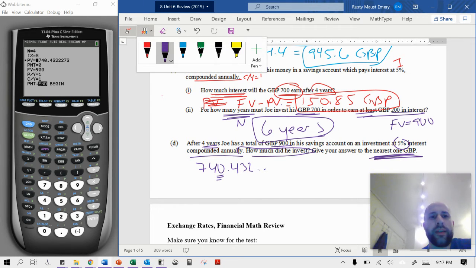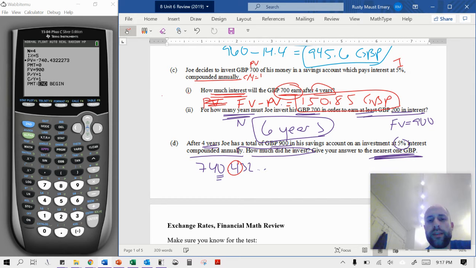So based on this, I would keep this a 0. But if I want to have 900, if I only invested 740, I would be very close, but not quite to 900 in 4 years. So that means I would need to say I need to invest 741 to make sure that I have that 900.